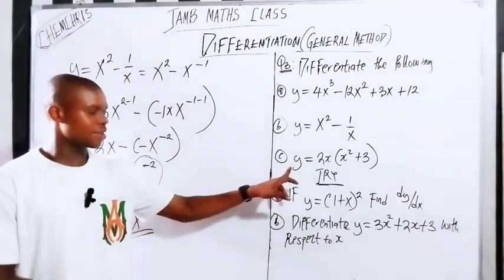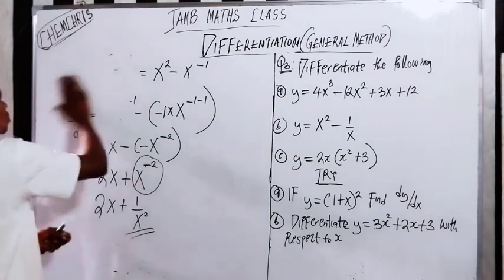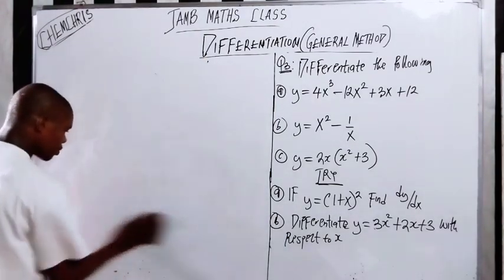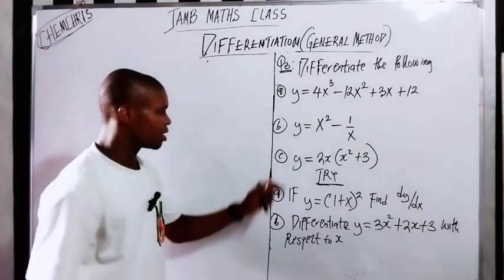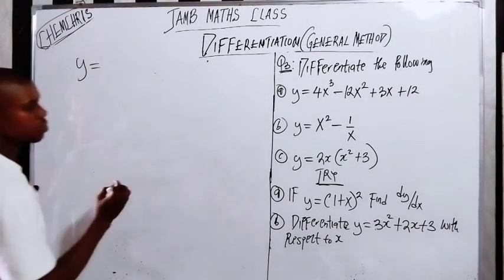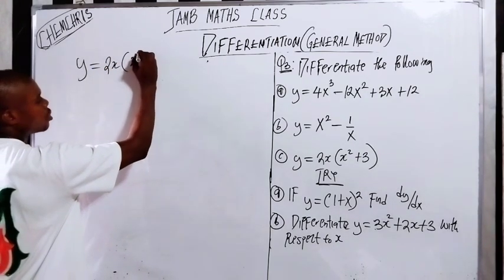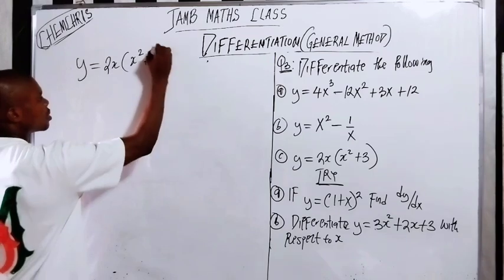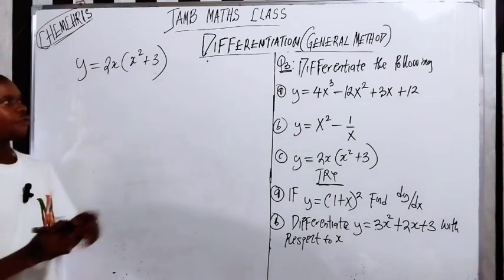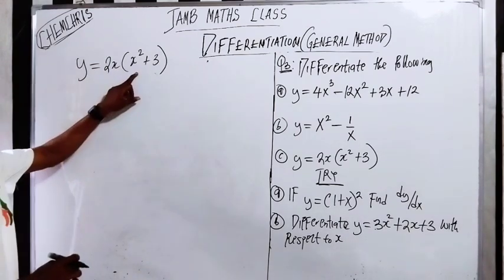So let's look at the C part, the last aspect here. Here we have y equals 2x times x squared plus 3. So first of all, before we can differentiate it, let's open the bracket. This times this plus this times this.